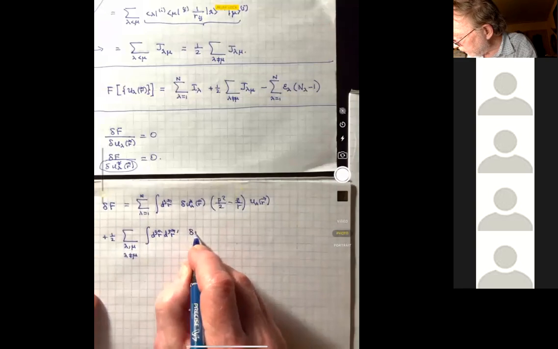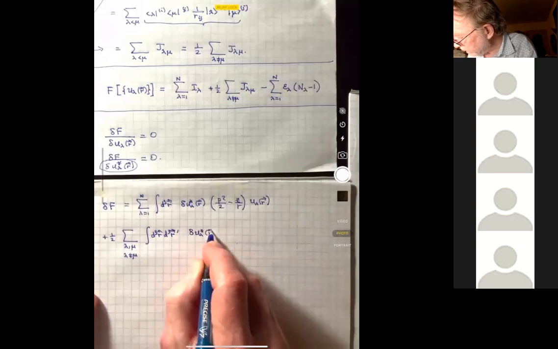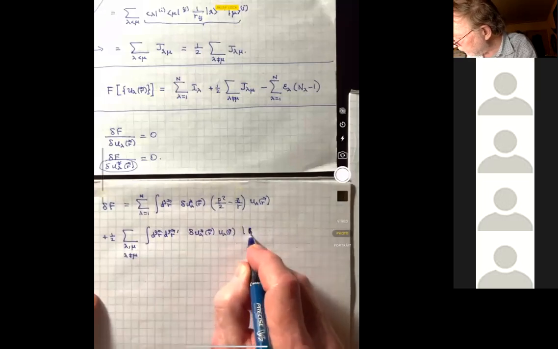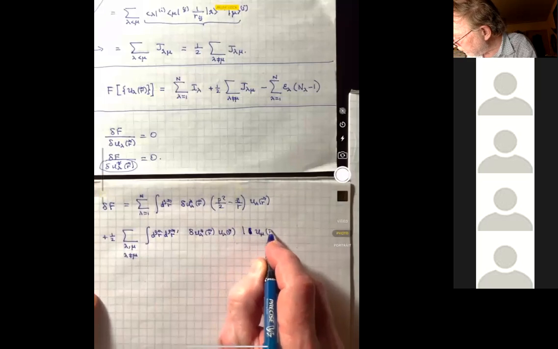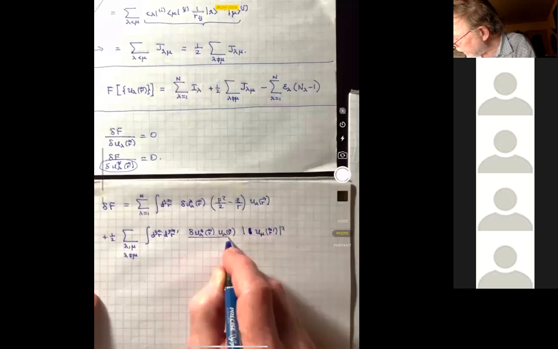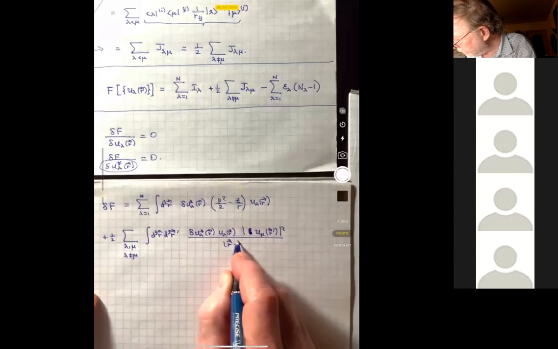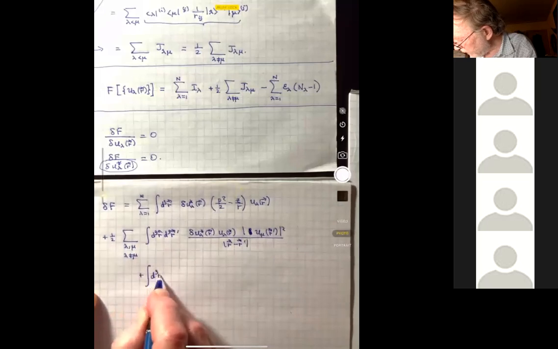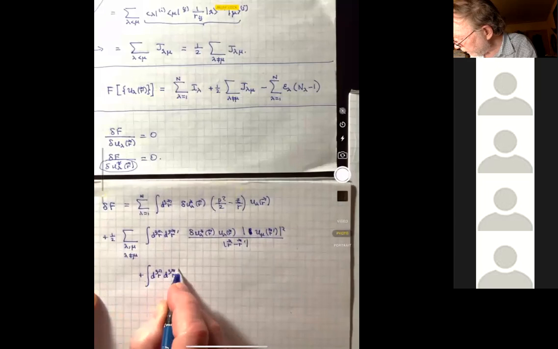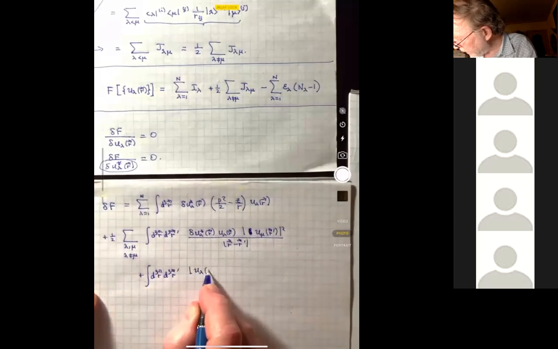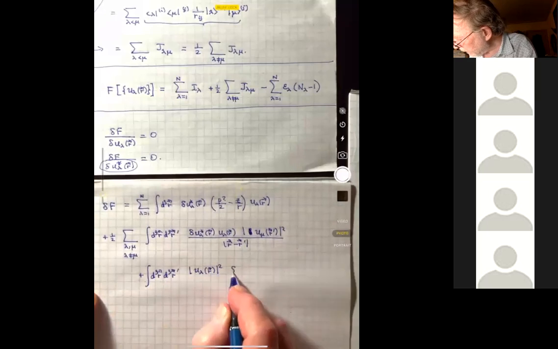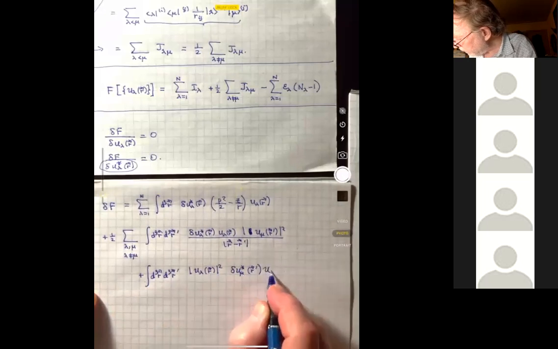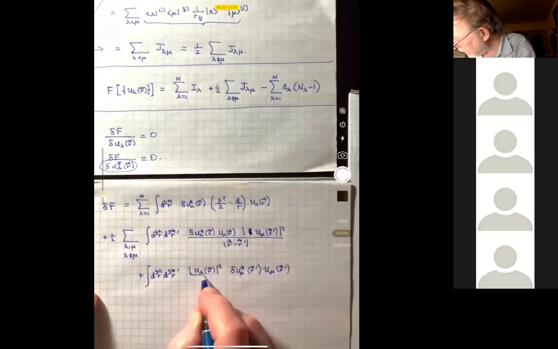In the first term, we have delta u lambda star of r times u lambda of r times the absolute value of u mu of r prime squared, divided by the Coulomb denominator. And then there's a second term, d cubed r prime, which involves the absolute value of u lambda of r squared times delta u mu star of r prime times u mu of r prime, divided by the Coulomb denominator.